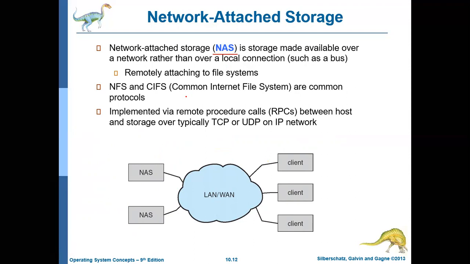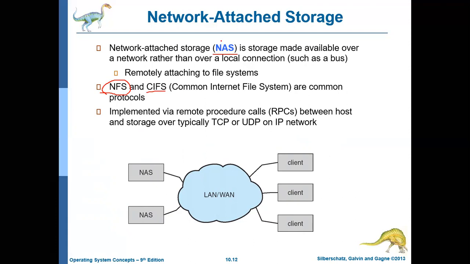Network attached storage is one of the storage technologies which is commonly used, and it uses NFS, that is network file system. Operating systems like Linux use NFS, and Windows uses CIFS, Common Internet File System, which are the common protocols used for network attached storage.